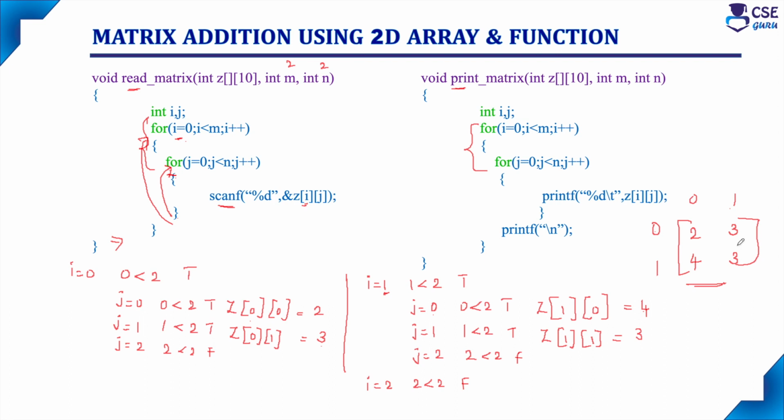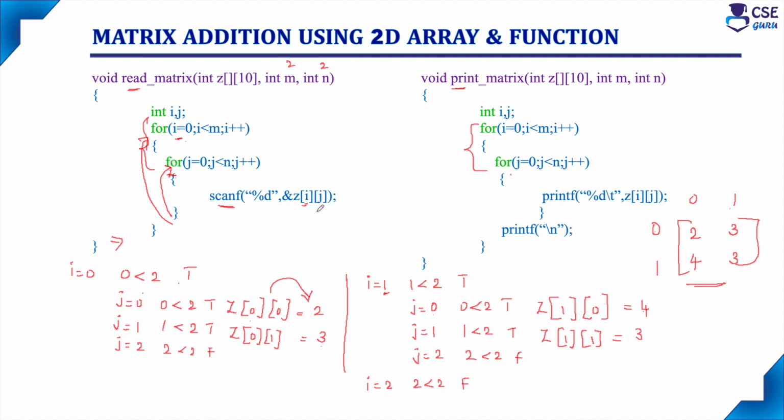The read matrix procedure and print matrix procedure are the same. Both use the nested for loop, with the same condition. But instead of storing the result, it will print the value on the output screen. That is the only difference. The iterations and everything will be the same.